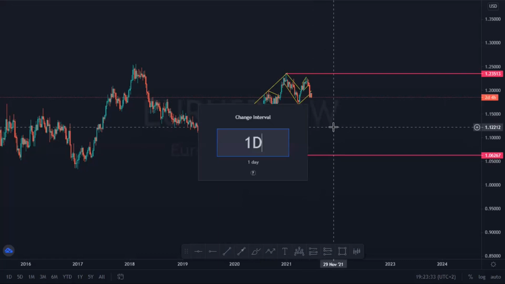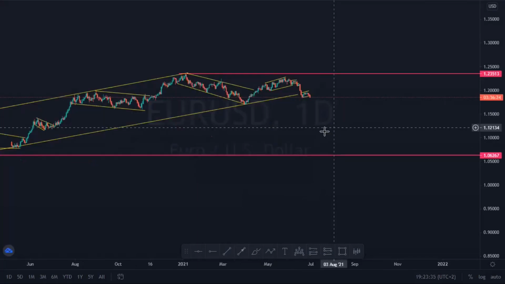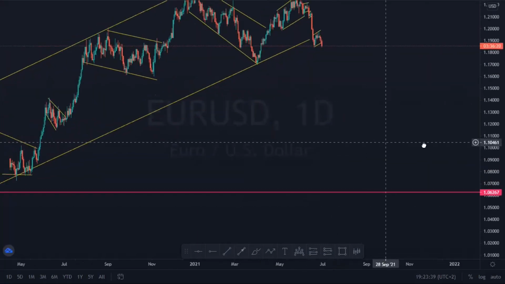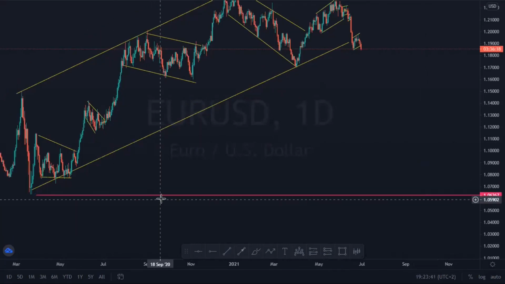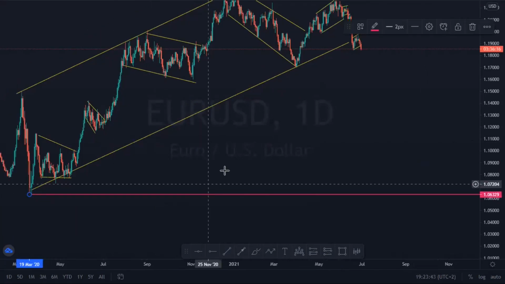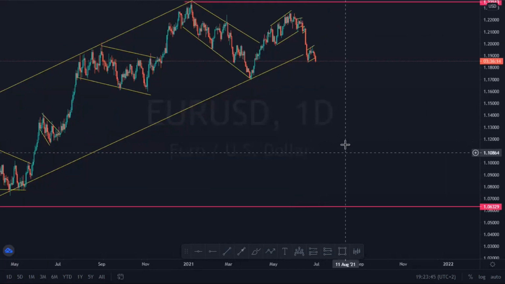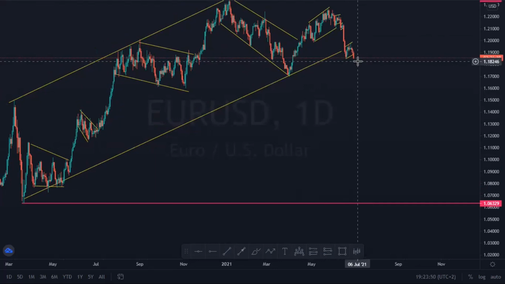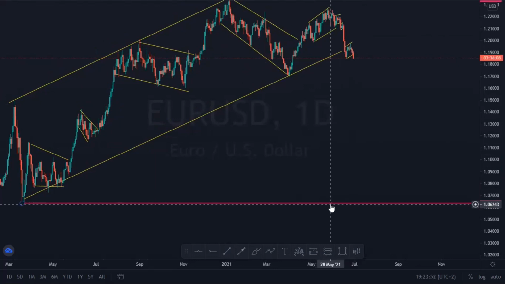On 1 day, this is what we did. And our target, guys, is we're using a 90% rule, a percentage, whereby from here, our main target is here. We are expecting to hit this side.